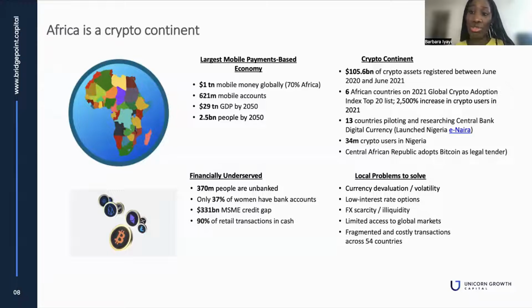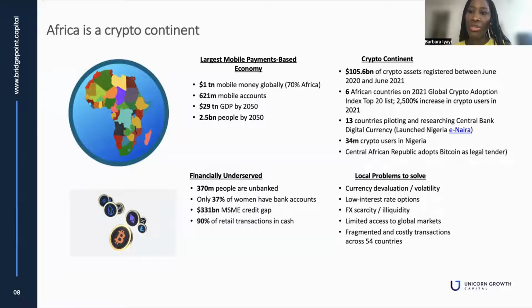Nigeria recently launched the eNaira. You already have 34 million crypto users in Nigeria, even within the context of a ban with respect to the regulators. Crypto users are still there, and the reason is because they have local problems to solve. And that's why these markets are important for crypto and for DeFi, because the problems are specific to the markets.